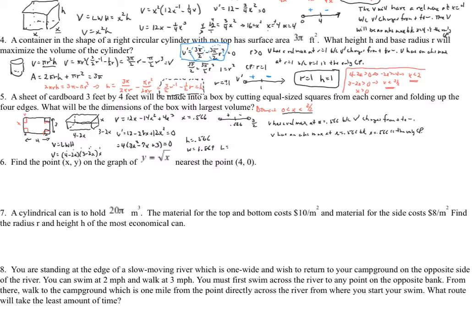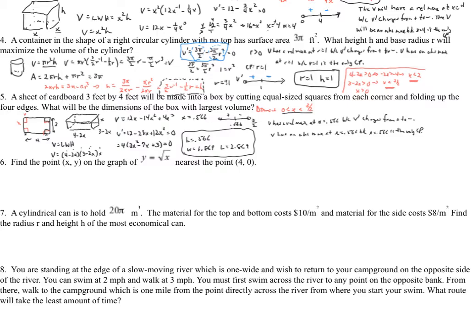So similarly, we'll go 4 minus 2 and hit that X button again, and that's going to be 2.869. So those are our dimensions for that open top box that has the largest volume.